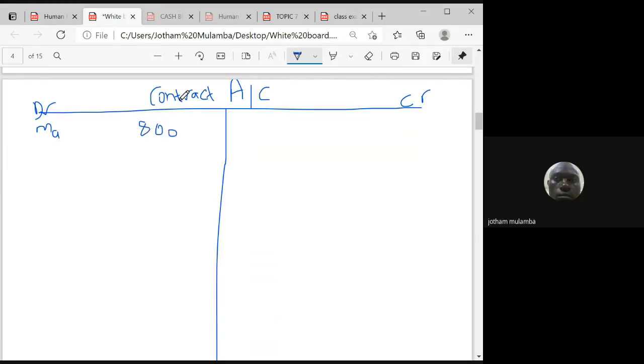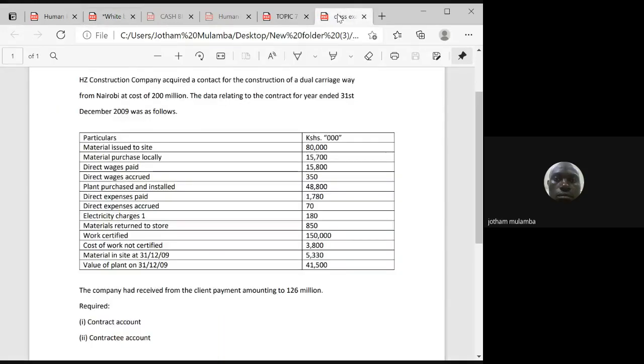For your sake, you can write the figures in full. For my sake, because I'm using a mouse to write, I'll put here three zeros, meaning where we have a million, I'll only be writing 1,000. The second item to record: we have recorded materials issued to site at 80 million.